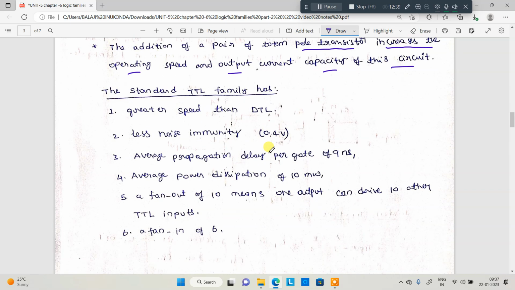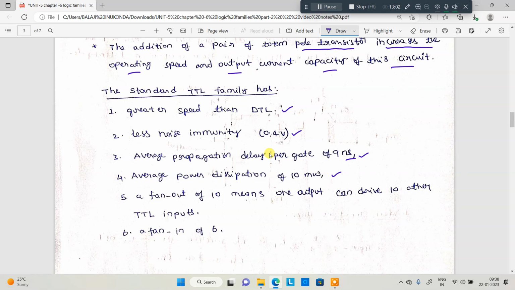Let us see the characteristics of the TTL family. The first characteristic is greater speed than DTL. Yes, less noise immunity, around 0.4 volt. Average propagation delay per gate is 9 nanoseconds, and the average power dissipation is 10 milliwatt.